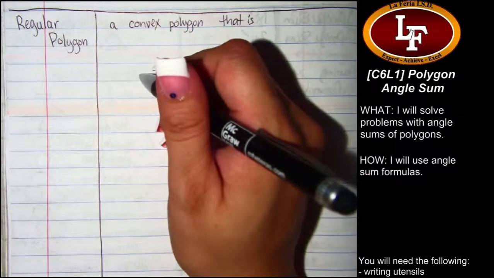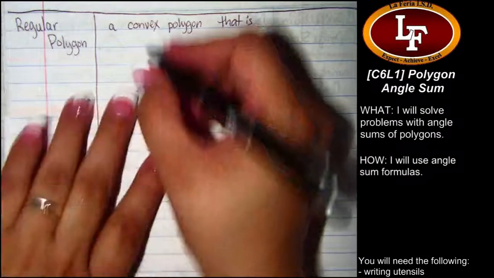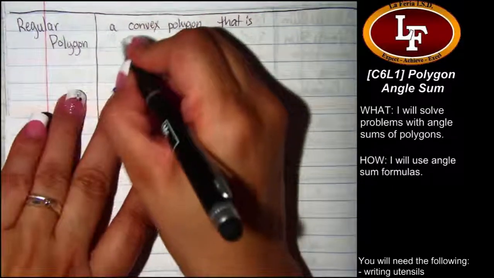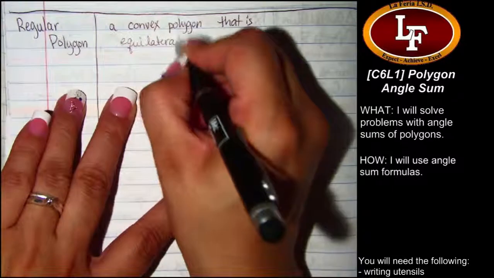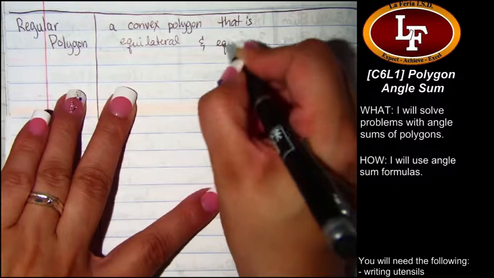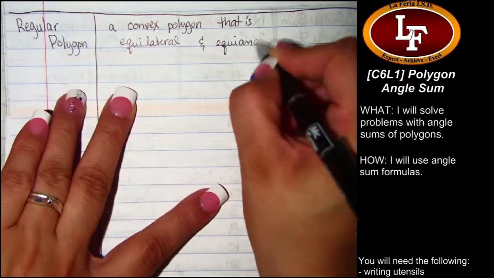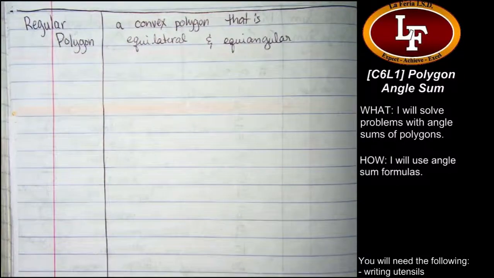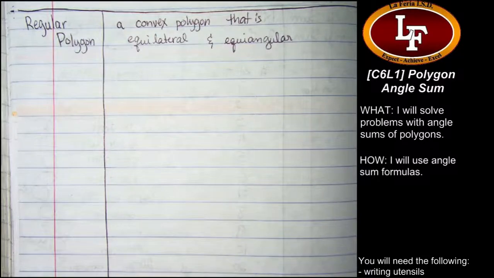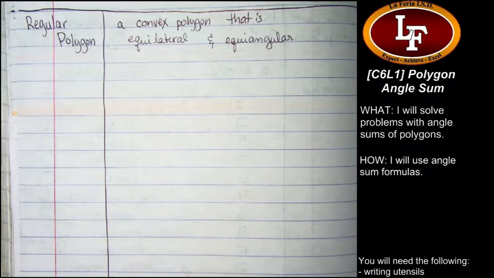On top of the fact that its angle measures are all less than 180, this polygon is both equilateral and equiangular. What does equilateral mean? All sides are equal. What does equiangular mean? All angles are equal. So an equilateral triangle would be a regular triangle.